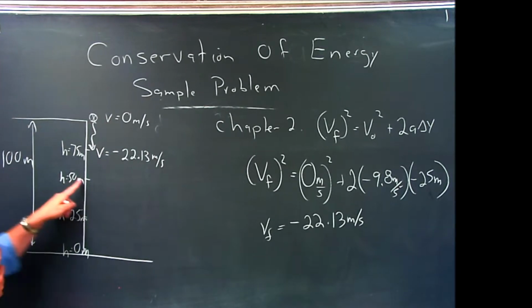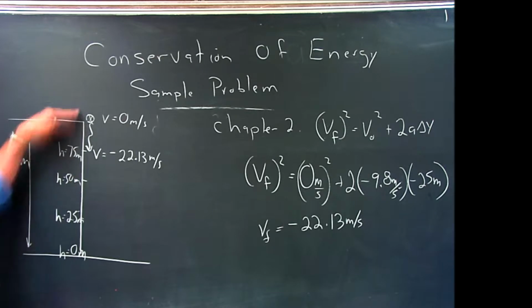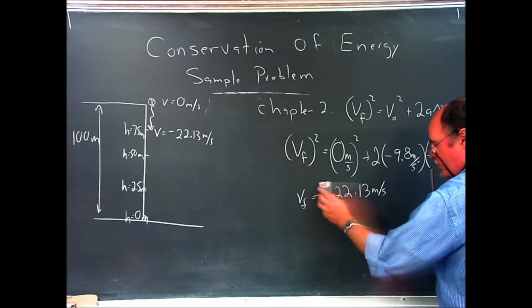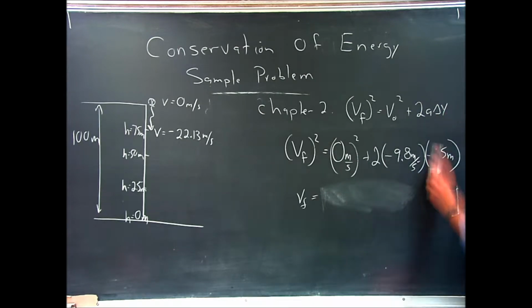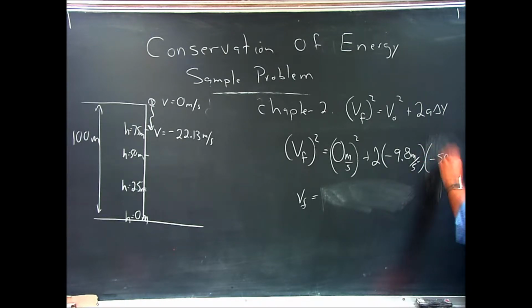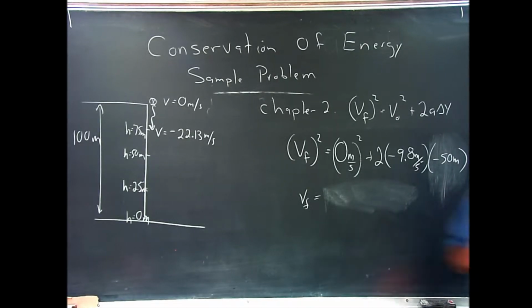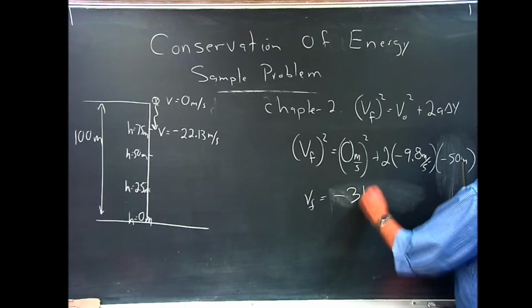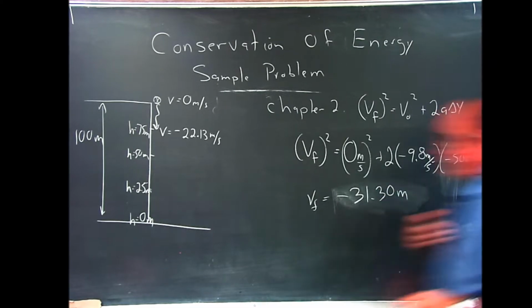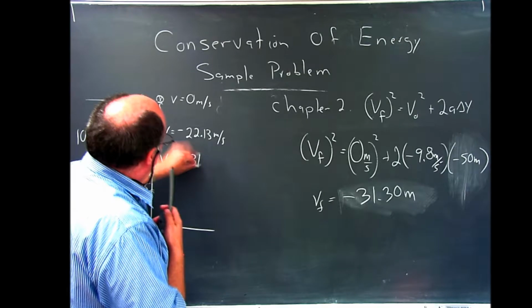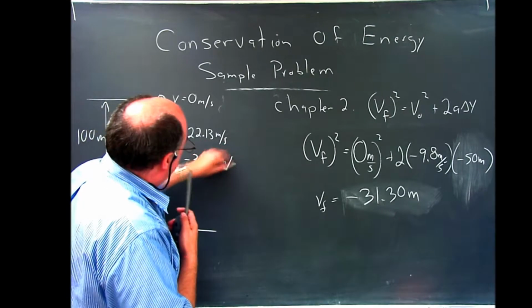And I want to know what the velocity is when it falls a total of 50 meters. I don't have to change too much. All I have to do is change this number right here. If I make this a negative 50 meters and do it on my calculator, it comes out to be negative 31.30 meters per second.